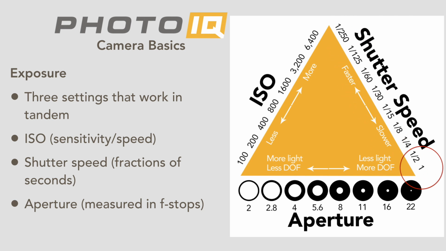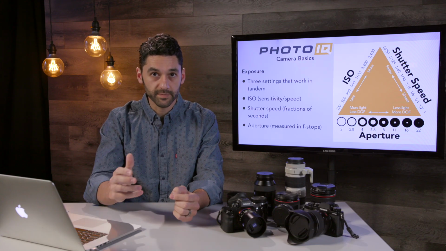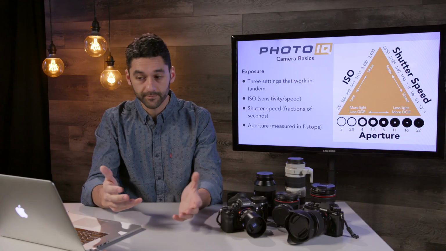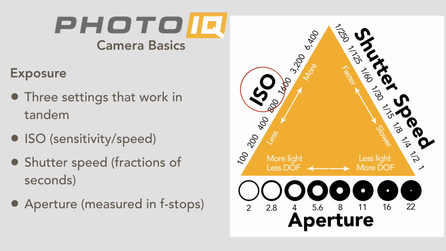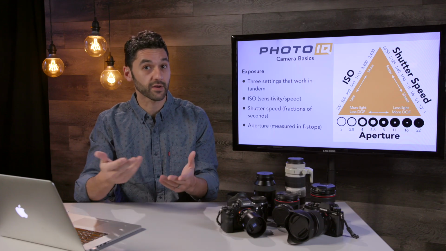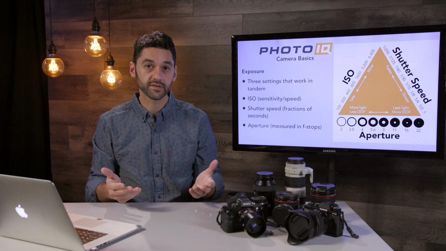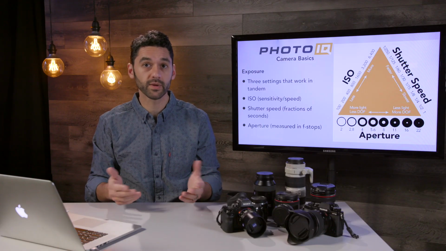So each time you open up the shutter speed and allow it to go longer, it's going to let in more light. With ISO on the left-hand side, less light is on the bottom and more light is on the top. So 100 being slow, 6400 being very fast, very sensitive. So think of it as walking 1 mile an hour versus running 6.4 miles an hour.